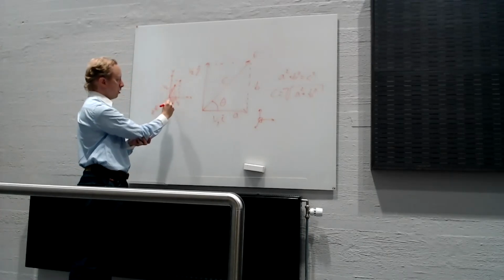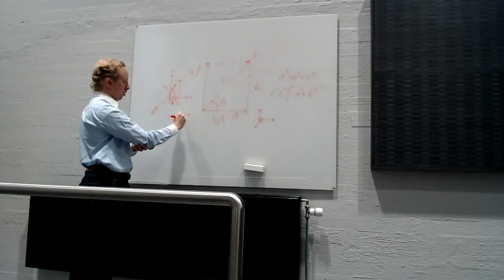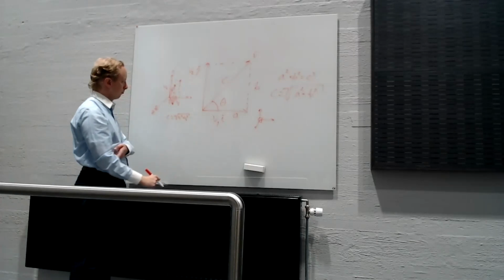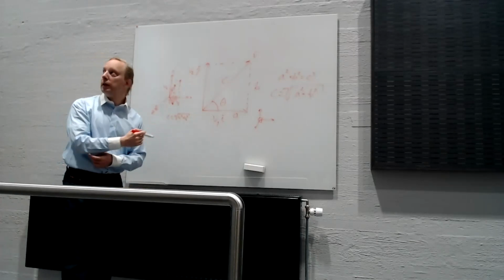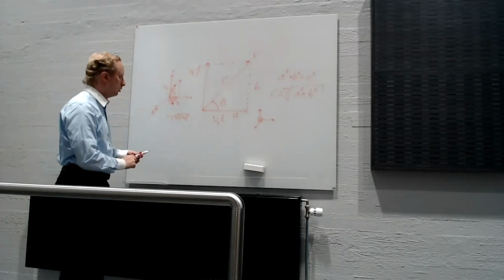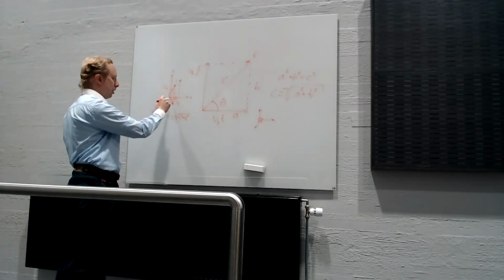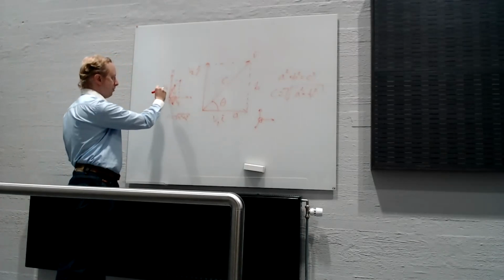We could here immediately see that C squared is V1 squared plus V2 squared. Hopefully this is visible to people on the internet as well. Then this one is a triangle where we have C and V2.